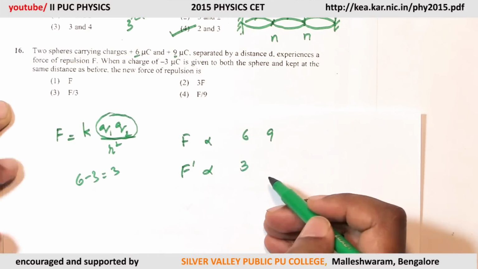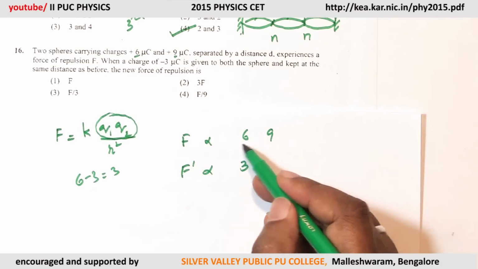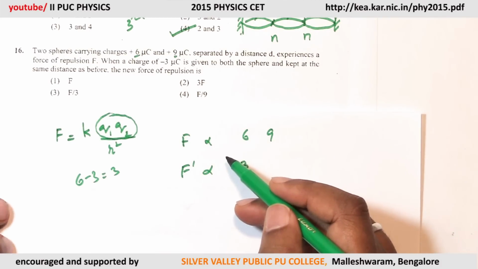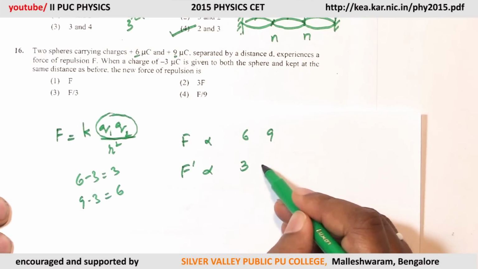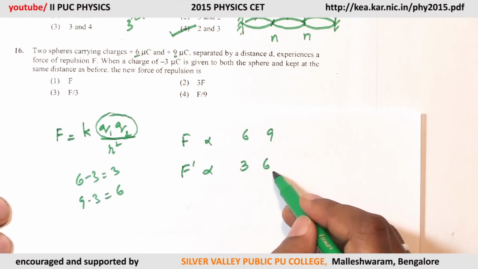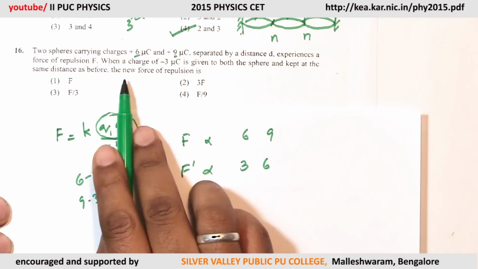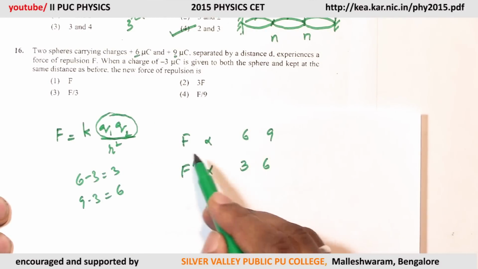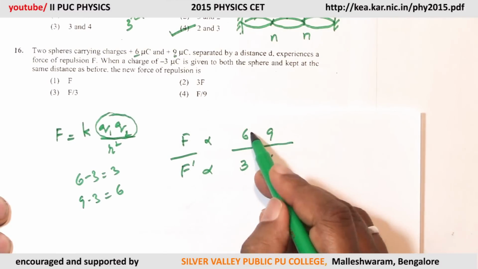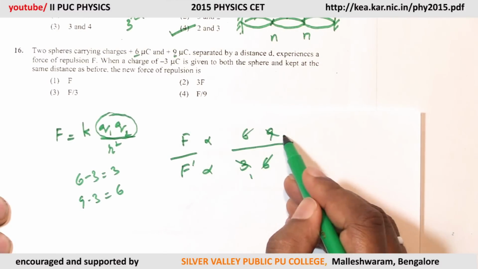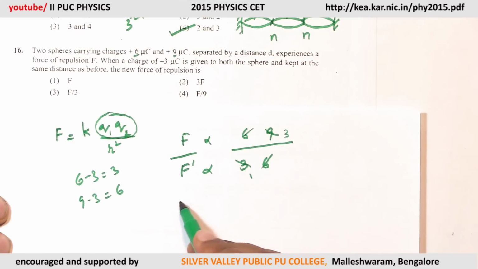First charge is 3. Then the second charge, 9 minus 3 is 6. Second charge becomes 6. Separated by the same distance. Then the new force of repulsion is, divide one by the other, 6, 3, 1, 3. So F dash equal to F by 3.